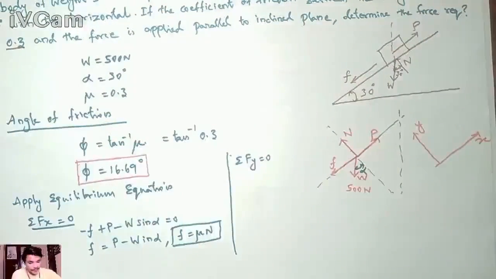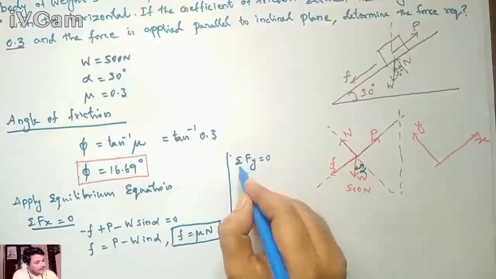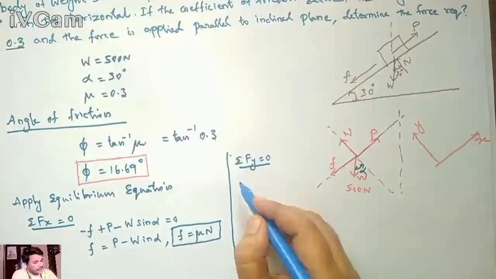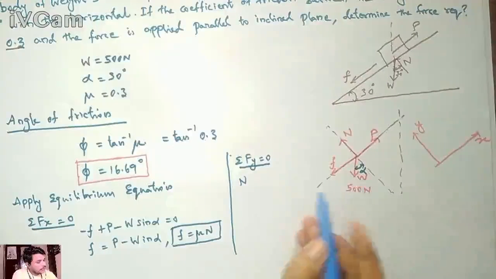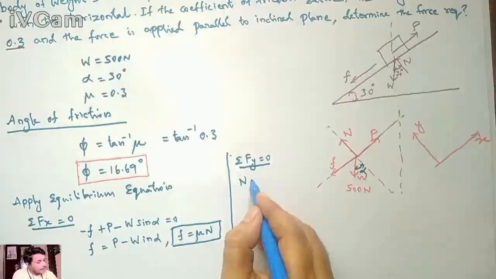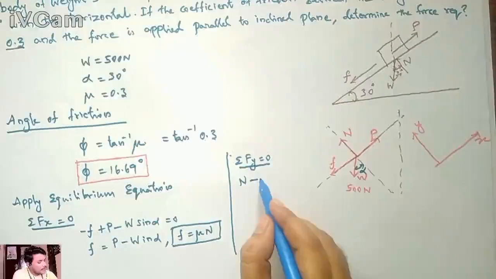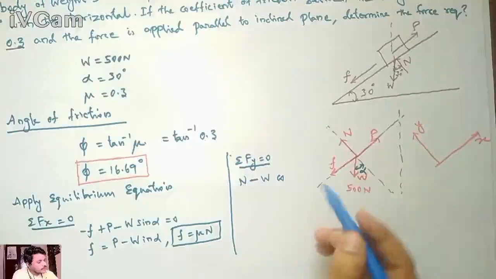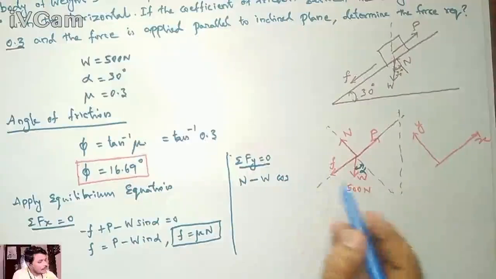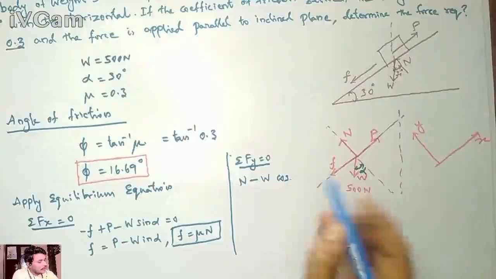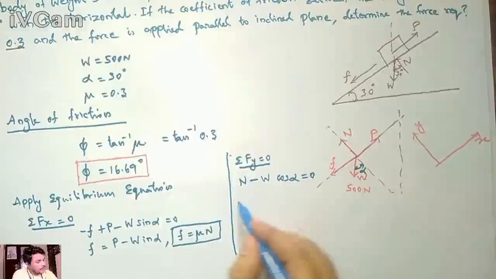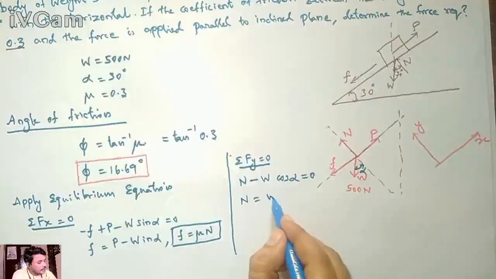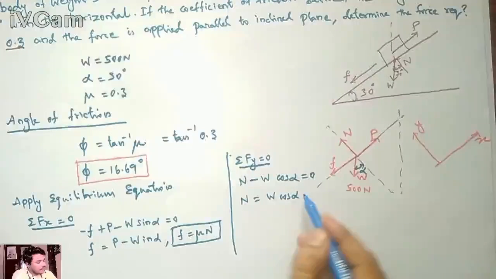So sum of Fy equal to 0. Here plus N minus W cos alpha equals 0. From that, N equals W cos alpha.